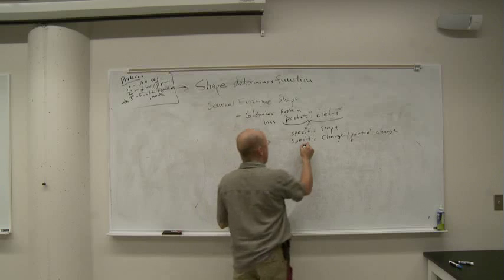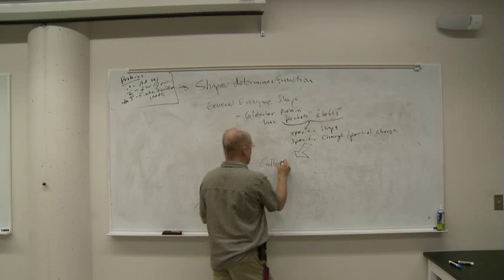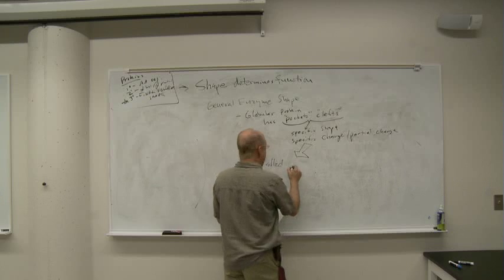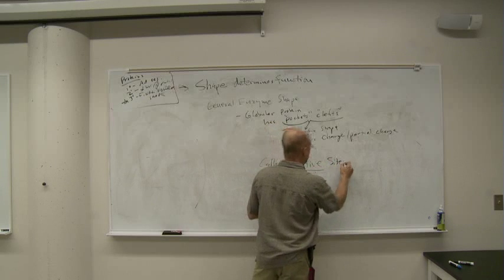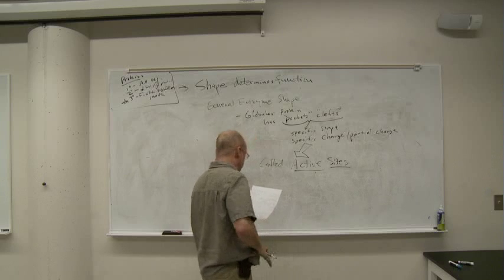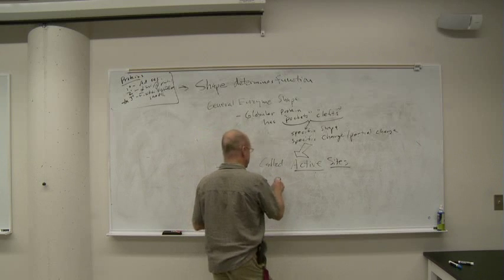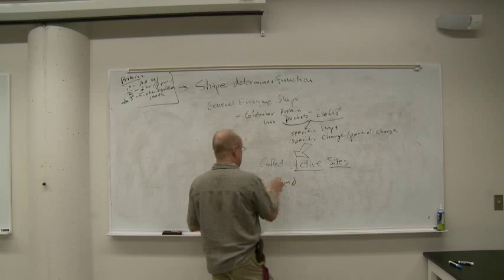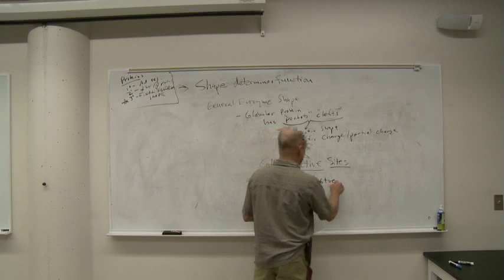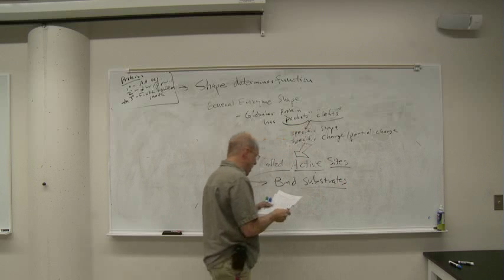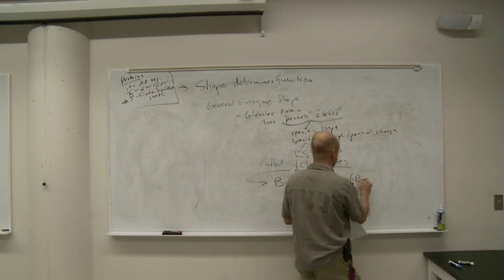And what we call them is active sites. These active sites are going to bind to the substrate. They bind what we call substrates, and substrates are basically the reactants of the reaction.